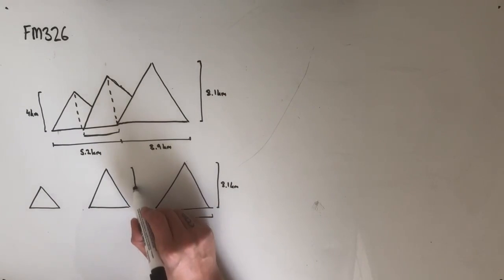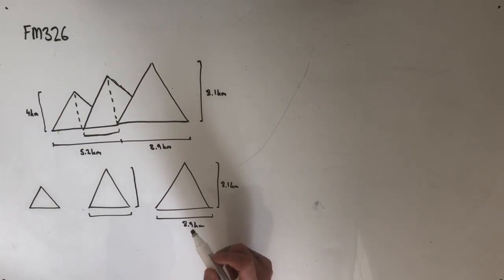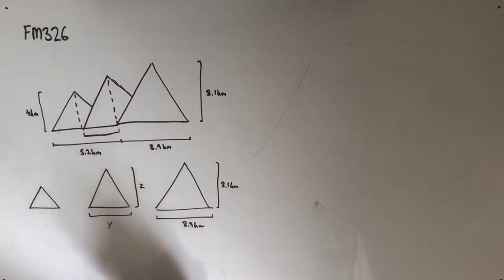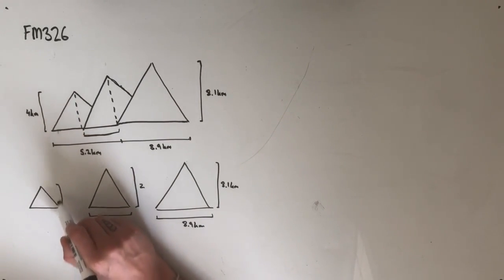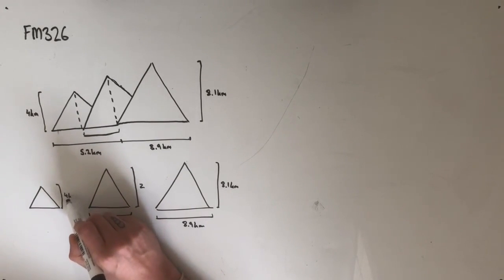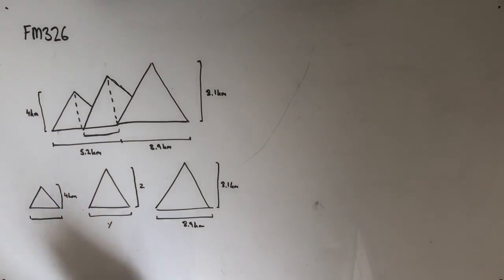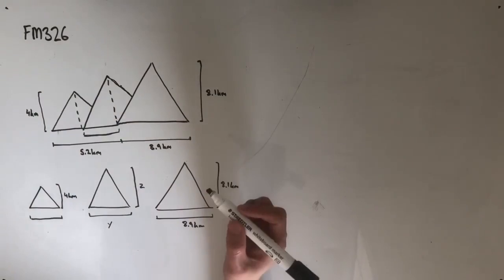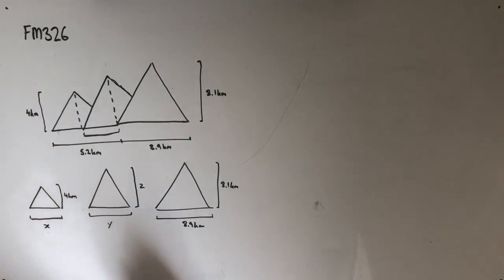For the middle mountain, we don't know either of these dimensions for sure, so we'll label them as Z and Y. The smallest mountain has a height of 4 kilometers, but we don't know its base length, apart from the fact that it's going to be less than 5.2 kilometers. So we're going to call it X.